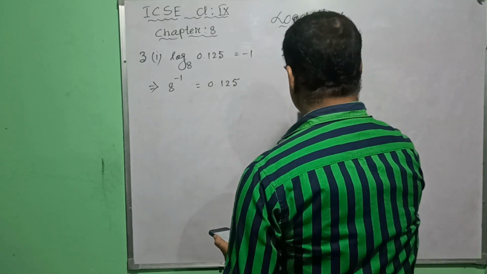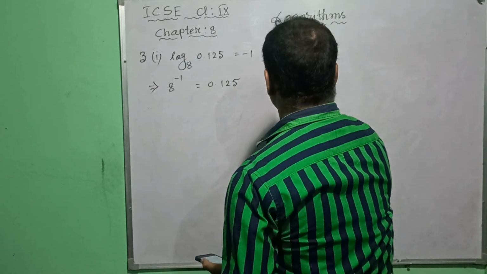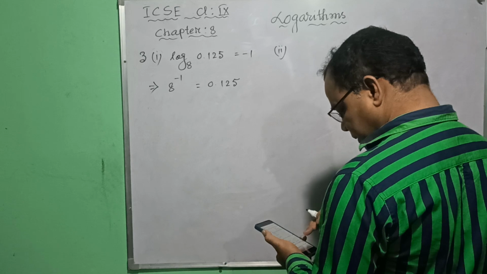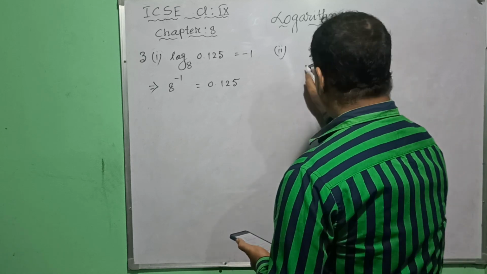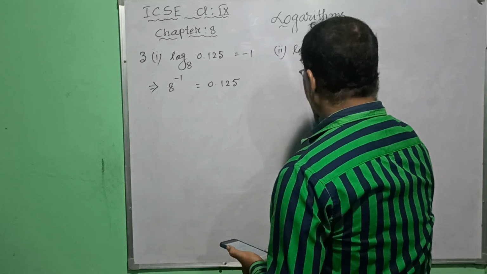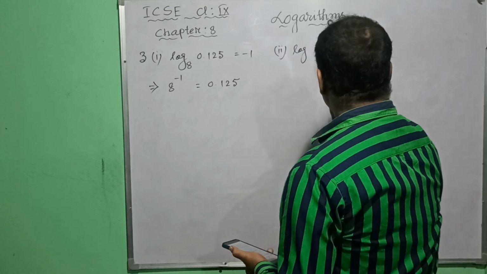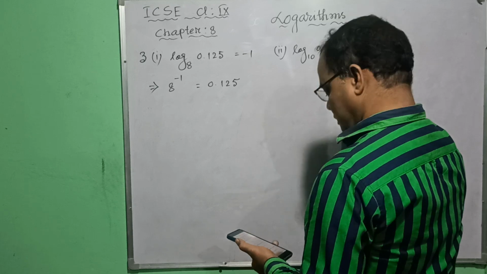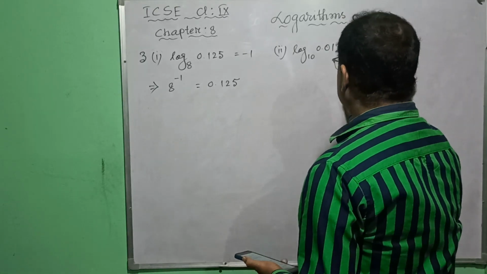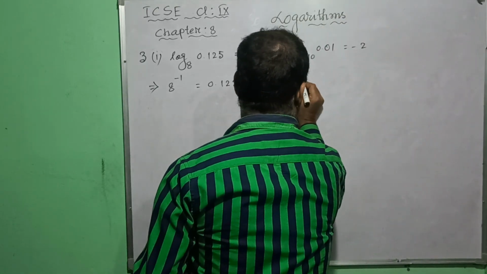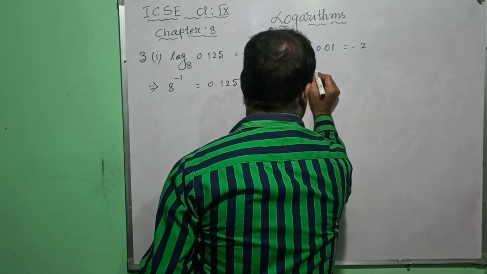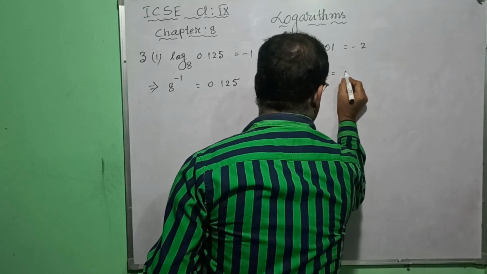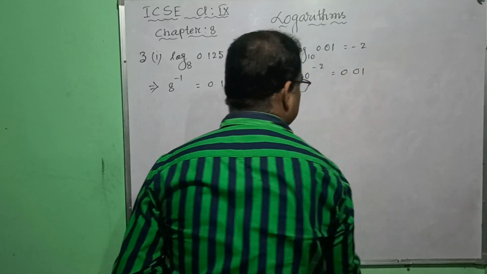Then number 2, it is given log 0.01 at base 10 equal to minus 2. So we can write 10 to the power minus 2 equal to 0.01.